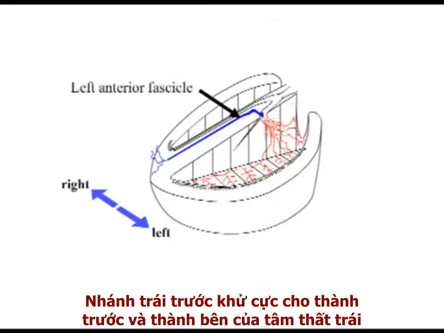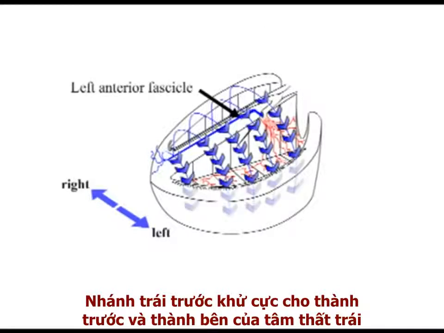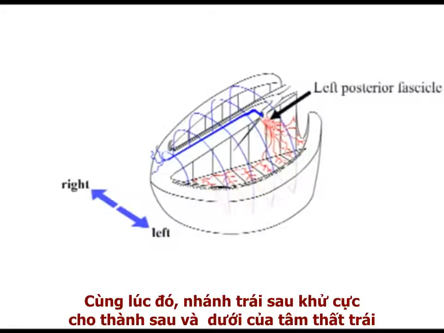The left anterior fascicle depolarizes the anterior and lateral walls of the left ventricle as shown here, while the left posterior fascicle simultaneously depolarizes the posterior and inferior surfaces of the chamber.